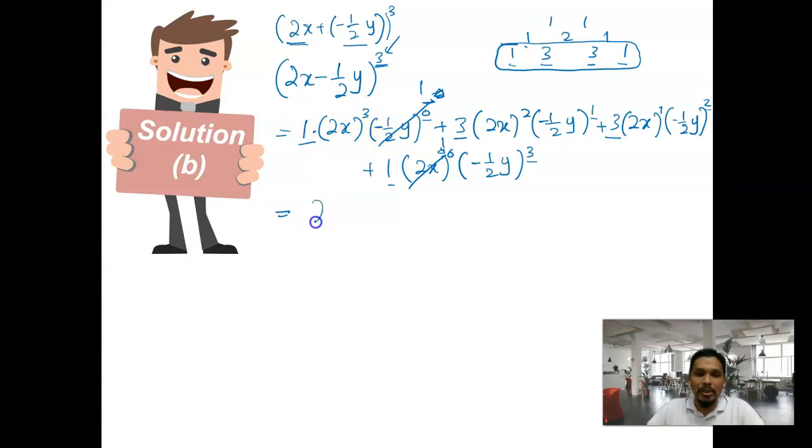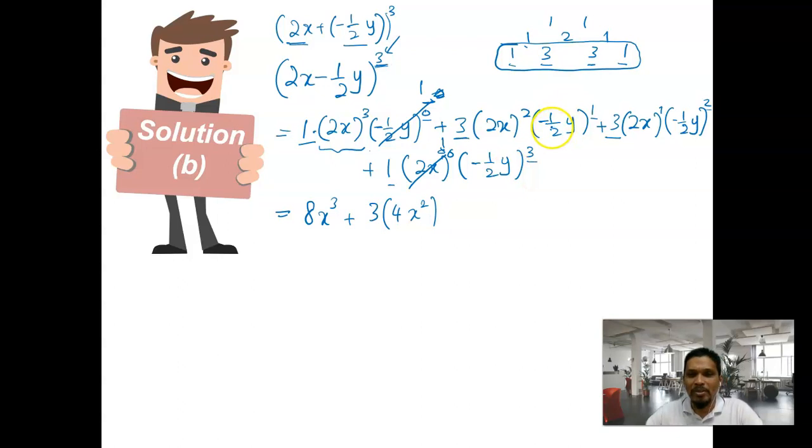Okay, it's not 2x cubed, that is incorrect. The correct way is 2 to the power of 3 equals 8, and x cubed. Plus, okay, we got 3 here. Then 2 squared equals 4x squared.